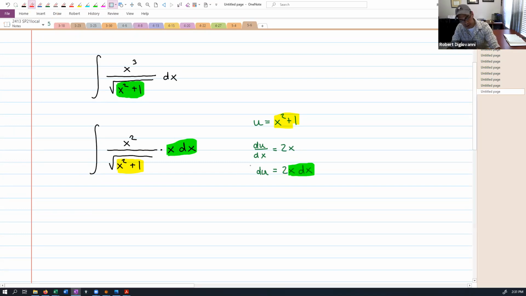So I'm just going to hit this with a half on both sides. That should get me the x dx on the right, and that half du will come in right there. So there's my green. I can replace the green part with half of du, the yellow part with u. Uh-oh, what about the blue part?